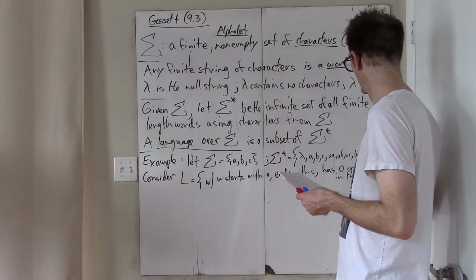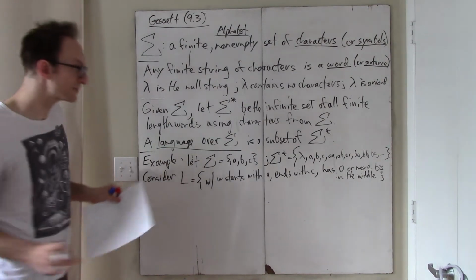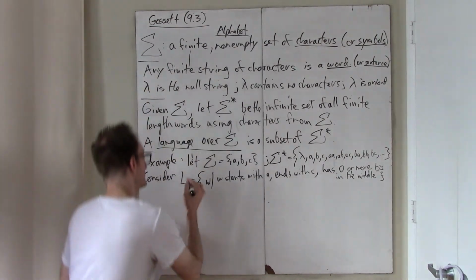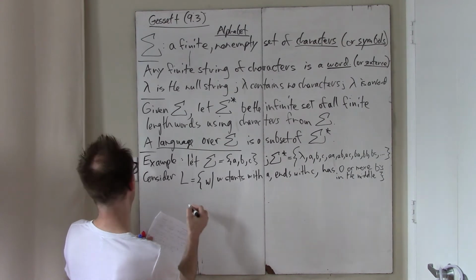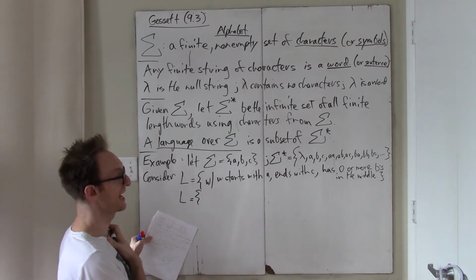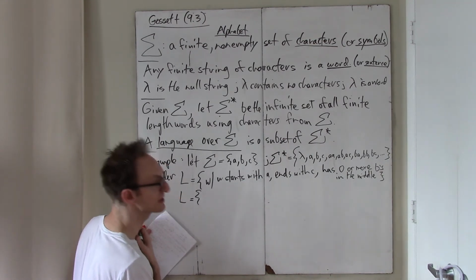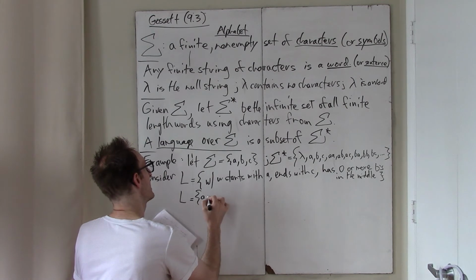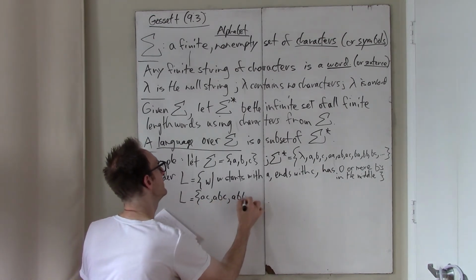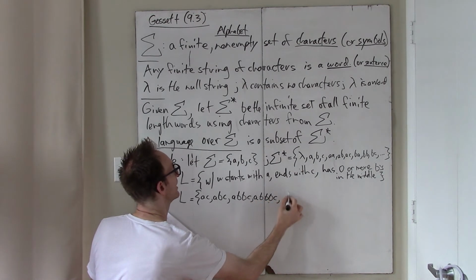So what does this language L look like? It has to start with an A, it has to end with a C. It's AC, ABC, ABBC, ABBBC, etc.